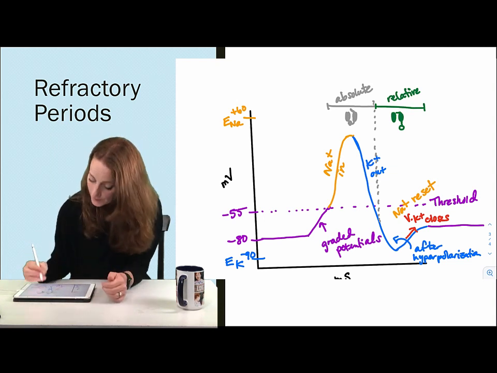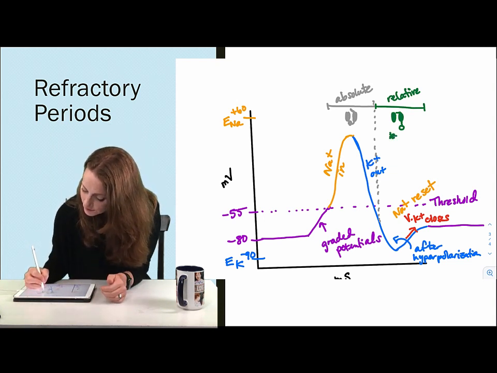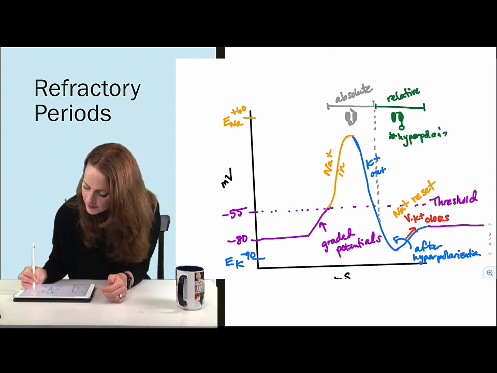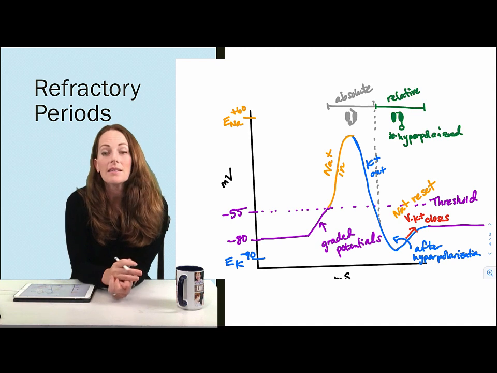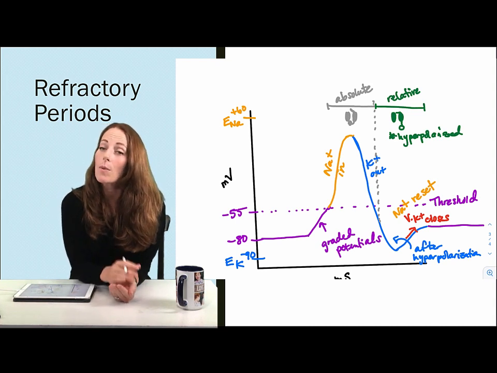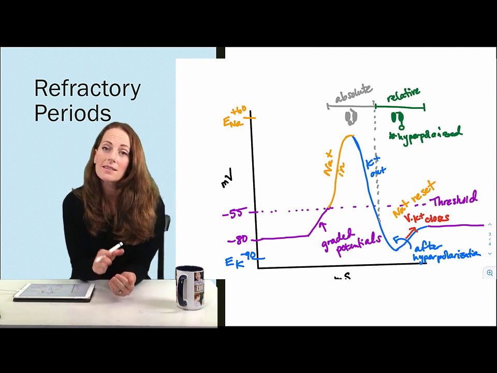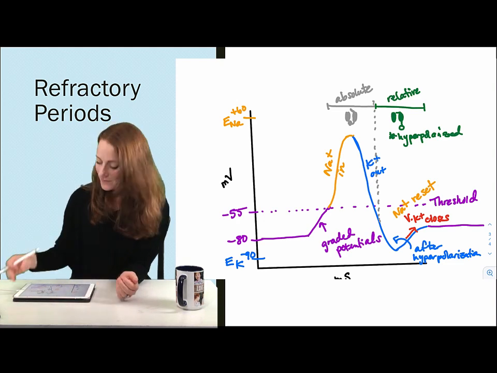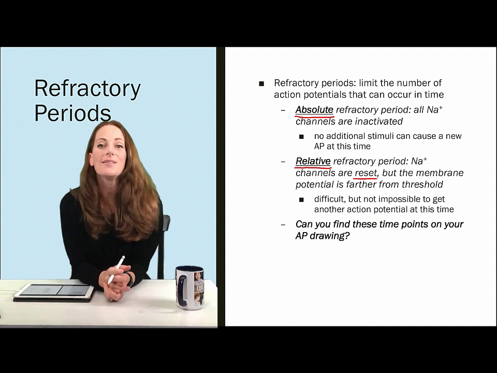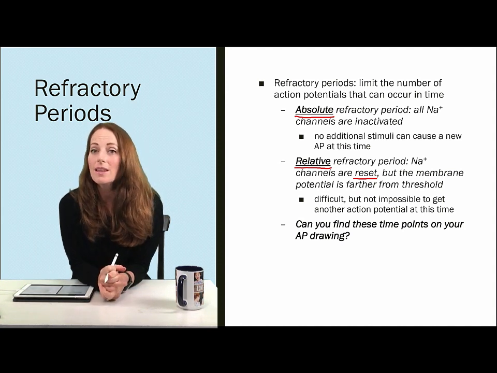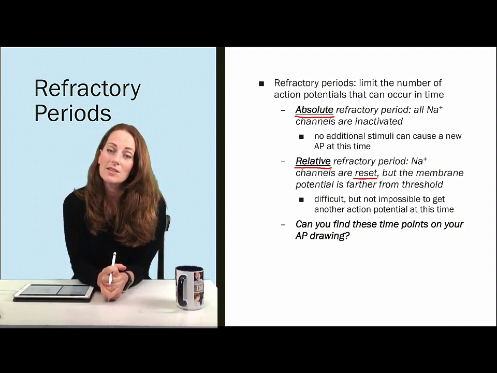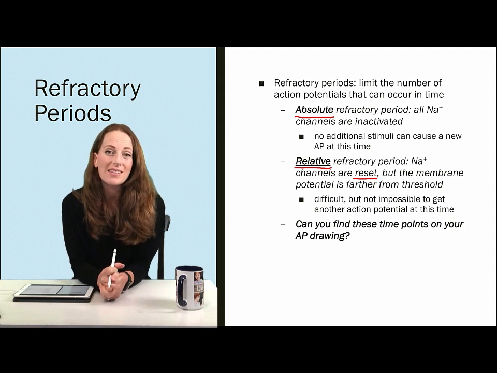But remember, the membrane is also hyperpolarized at this point, leading to it being more difficult to get to threshold to generate that next action potential. So the relative refractory periods are important for limiting how many action potentials can occur in a given time frame.